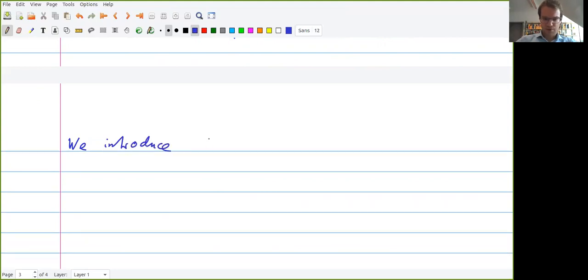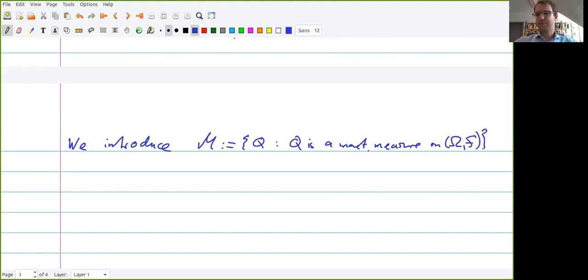First, we define the set M of all martingale measures, so Q is a martingale measure on our measure space omega F. And secondly, M star are all those Q's which are martingale measures and which are supposed to be equivalent to our underlying measure P.